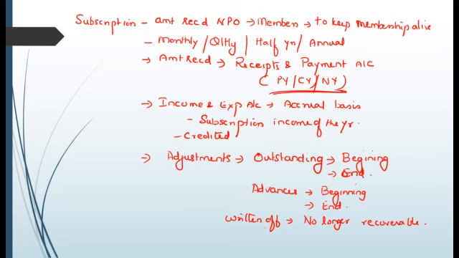These are the adjustments to be made to the amount we get from the receipt and payment account, or the amount received during the year. When we adjust for these, we arrive at the subscription income of the year, which will be credited to the subscription account. So with this background, I will now teach you the method of computation.